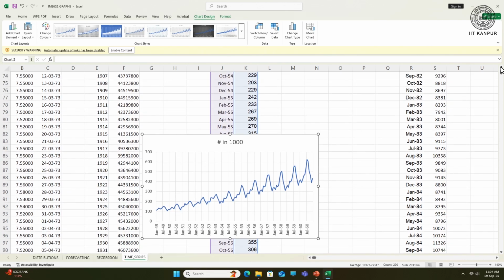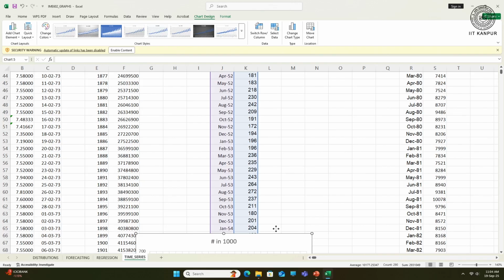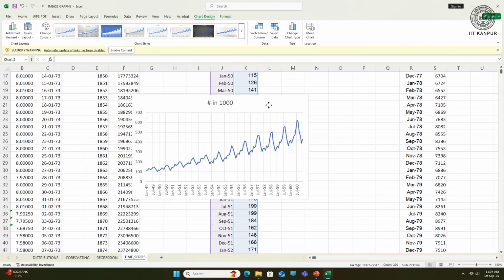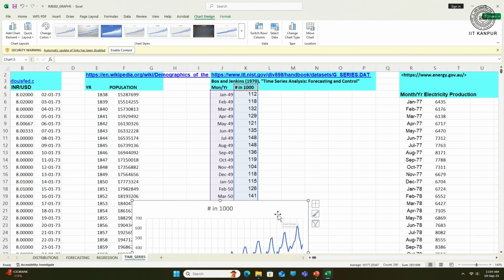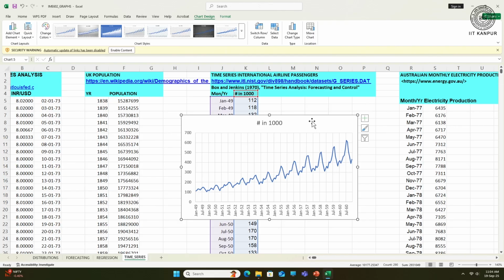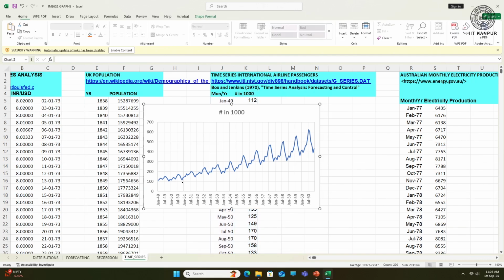case where you have the data for international airline travel. And obviously, if I see, very interestingly, there is a trend.